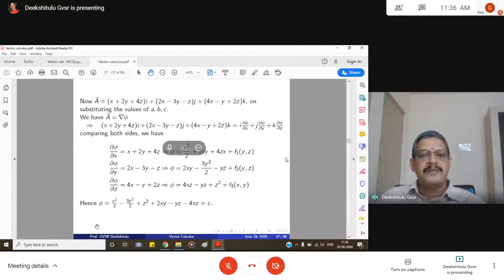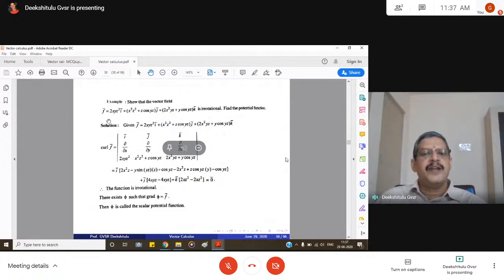So ∂φ/∂y is minus 3y plus 2x minus z. ∂φ/∂z: here we don't have any x terms. Here ∂φ/∂z is 2z minus y minus 4z. So this is how we get a general expression. There is a mistake here. I have mixed up some positive and negative signs. That's why there is a change here, and I can correct it.